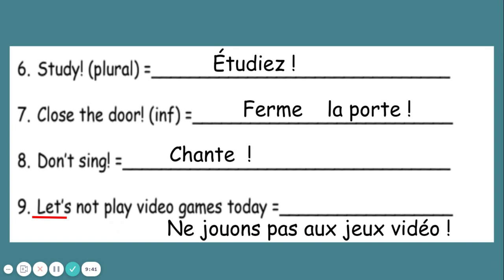So nous becomes just ne jouons pas aux jeux vidéo. So nous jouons aux jeux vidéo would be we play video games. Nous ne jouons pas aux jeux vidéo would be we don't play video games. Take away nous, let's not play video games.